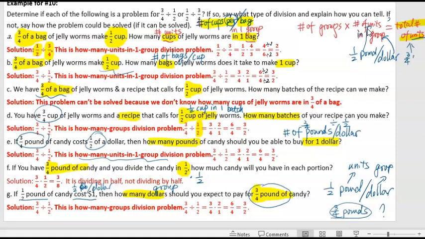So I'm going to put 3/4 pounds here, and we're solving for the number of dollars, which means the number of groups. As you can see, we always use division to find one of the missing numbers. We take the product, 3/4, divided by one of the numbers given, 1/2. That's why we did that, because we're solving for the number of dollars, which is the number of groups. So this is a how-many-groups question.